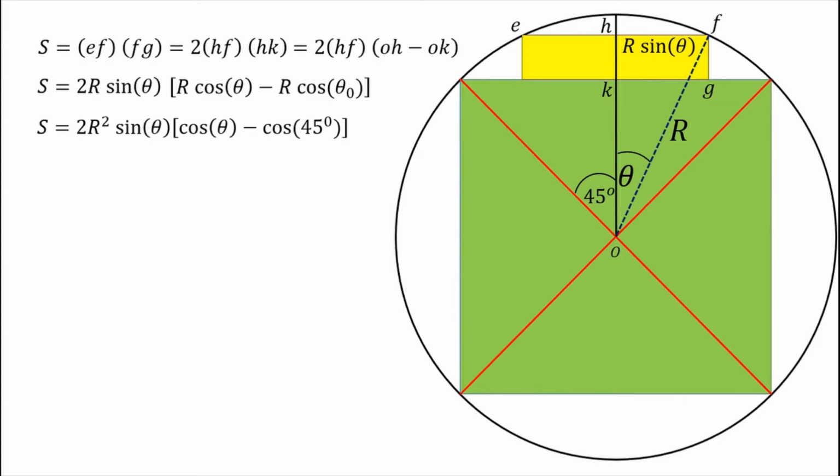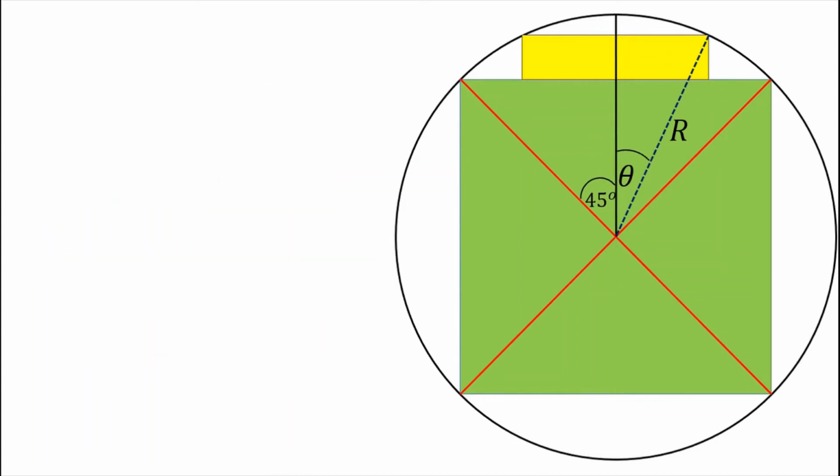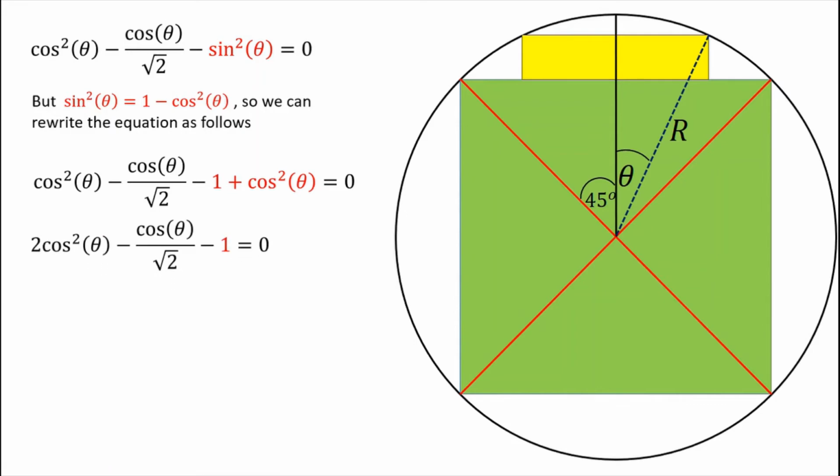The derivative leads to a second order equation, but in terms of squared cosine and squared sine. To solve this equation it should be written in terms of either cosine theta only or sine theta only. From the well-known Pythagorean identity, squared sine can be written in terms of squared cosine, so the derivative can be rewritten as shown. This equation can be solved for cosine theta using the quadratic formula.